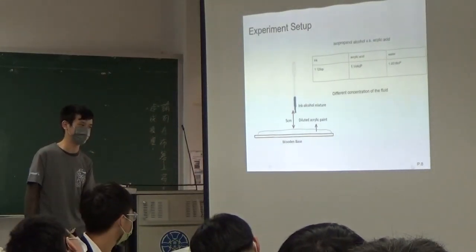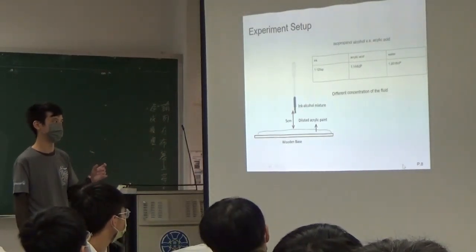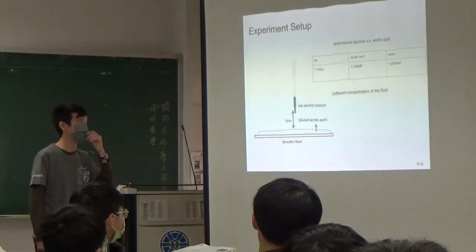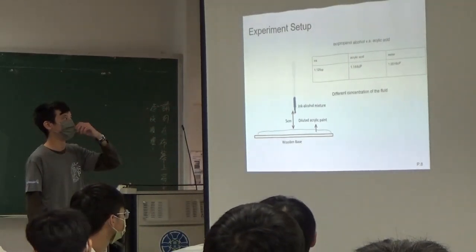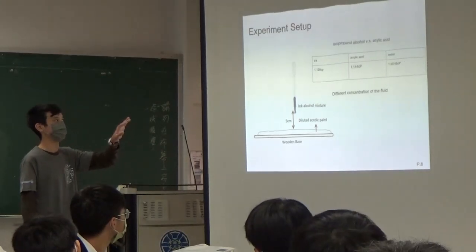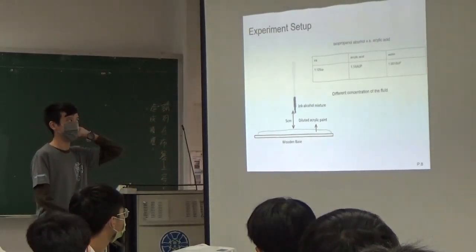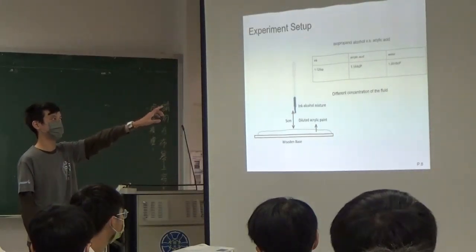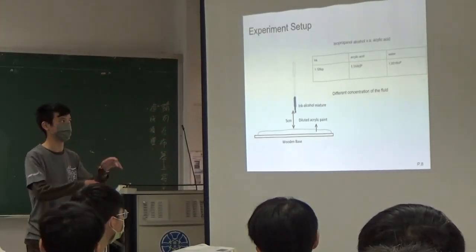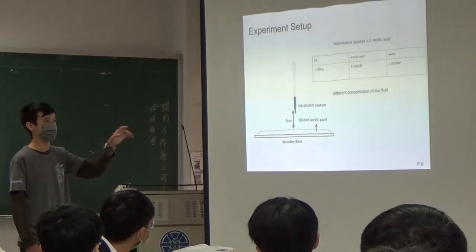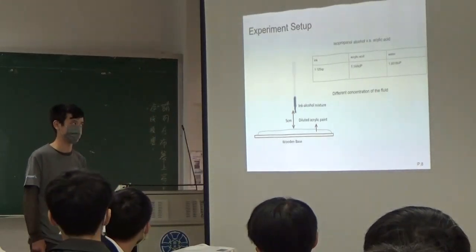Then we observe the formation of the circle and the fingers. The chart shows the viscosity of isopropyl alcohol, ink and acrylic paint. Ink has a lower viscosity, so it can invade the acrylic paint, according to the Saffman-Taylor instability.